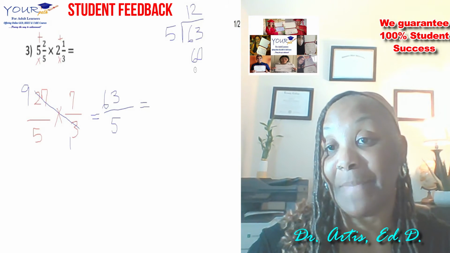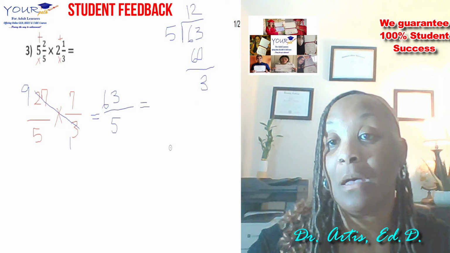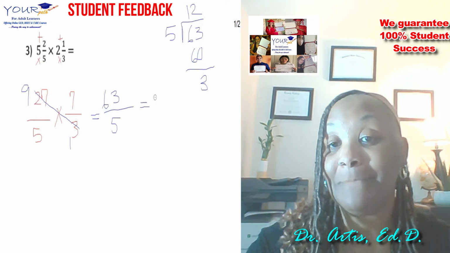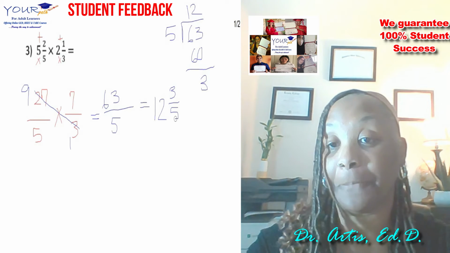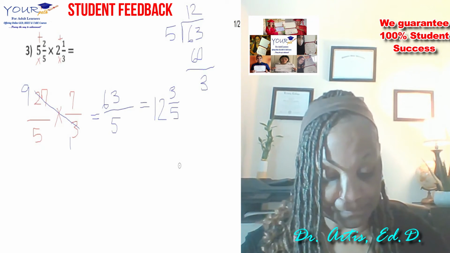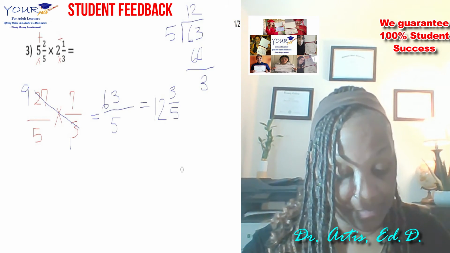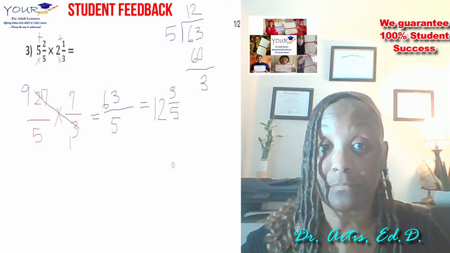And we have 3 remaining, okay? So our mixed fraction will be 12 and 3 over 5, okay? And that is problem number 3.